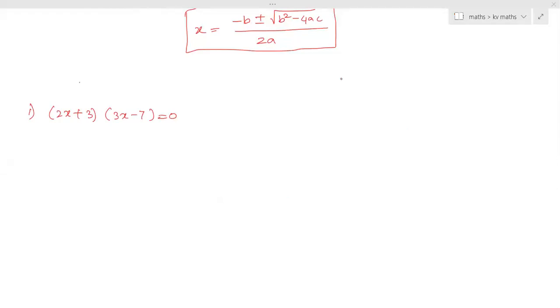Yes, Manisha, how to find out? Ma'am, by factorization. How? Can you tell the steps? Ma'am, multiplying 2x by 3x minus 7 plus 3 into 3x minus 7. Why are we multiplying? Ma'am, just to get the quadratic equation.